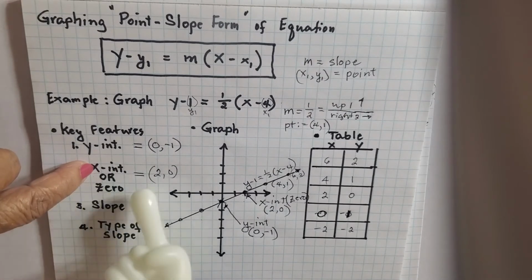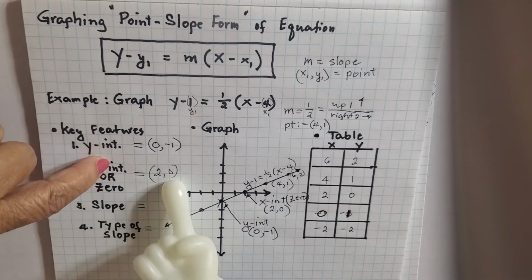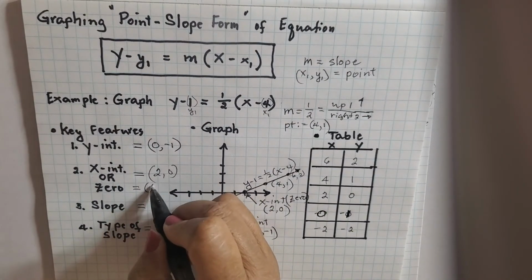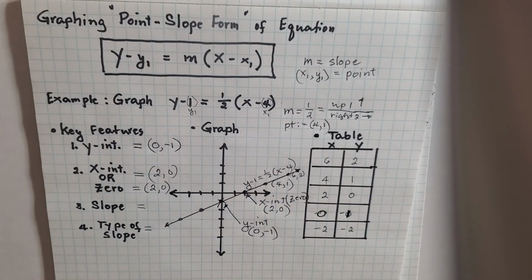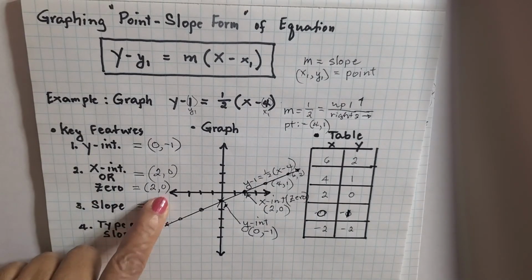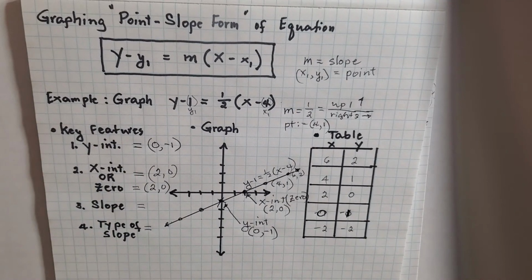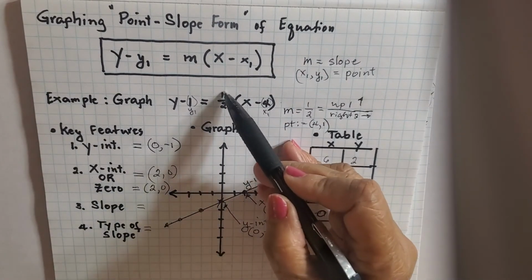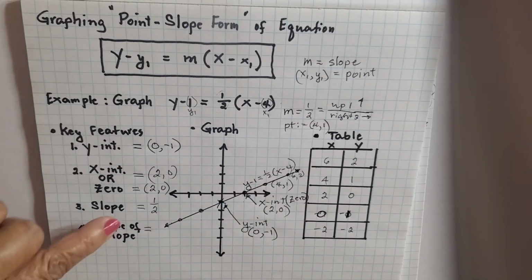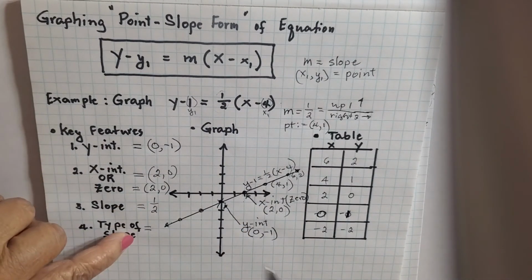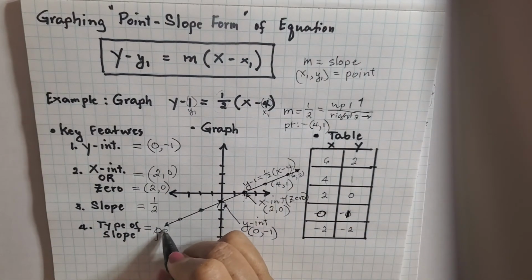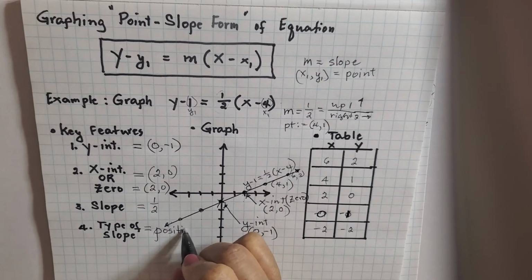For the x-intercept, there is a number on the x, and then y is 0. And zero will be the same thing as the x-intercept. Very important. They might ask you about the zero, so you know it is the x-intercept. And the slope, of course, is 1/2. The slope is positive, so therefore the line is going up. You will say the type of the slope is positive.